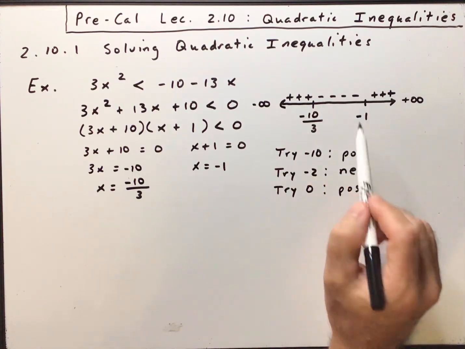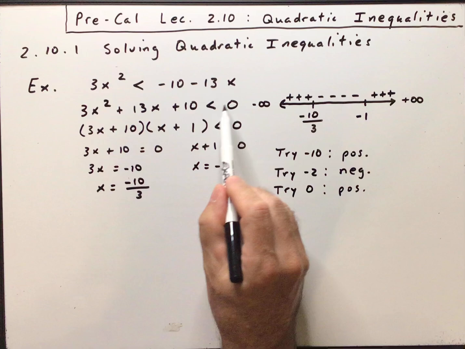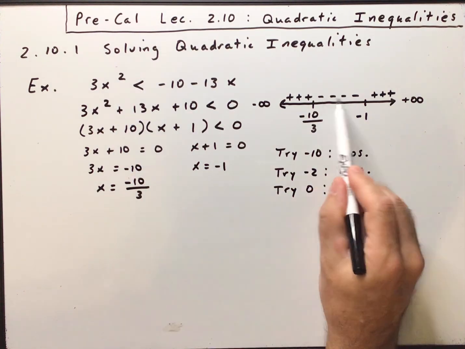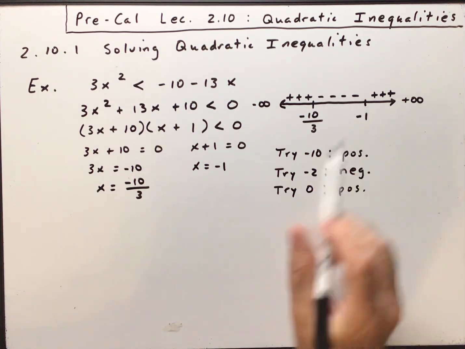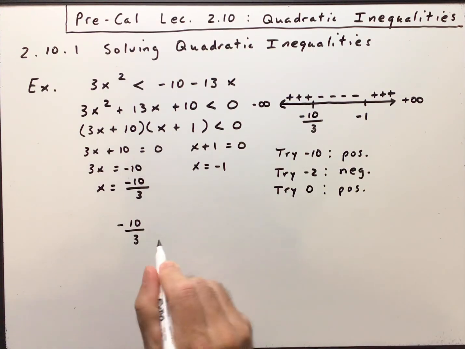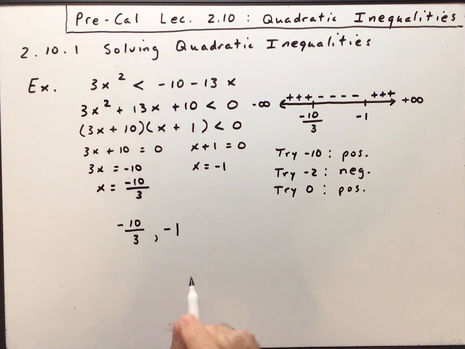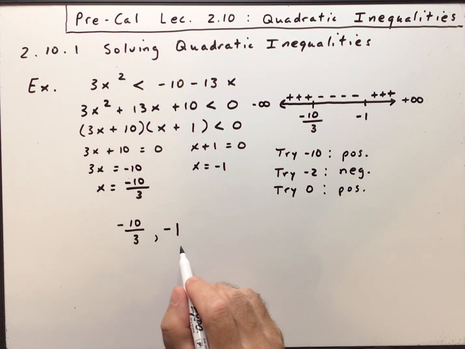Now, which interval do we pick? Well, we only want to know what's less than 0. That's this middle part, the negative part. So our answer is going to be in the interval negative 10 thirds to negative 1. Now, do we use parentheses or do we use brackets?